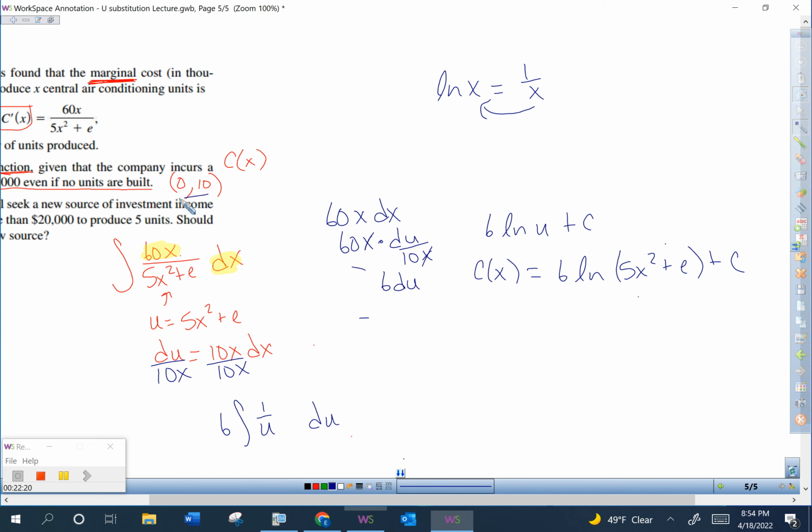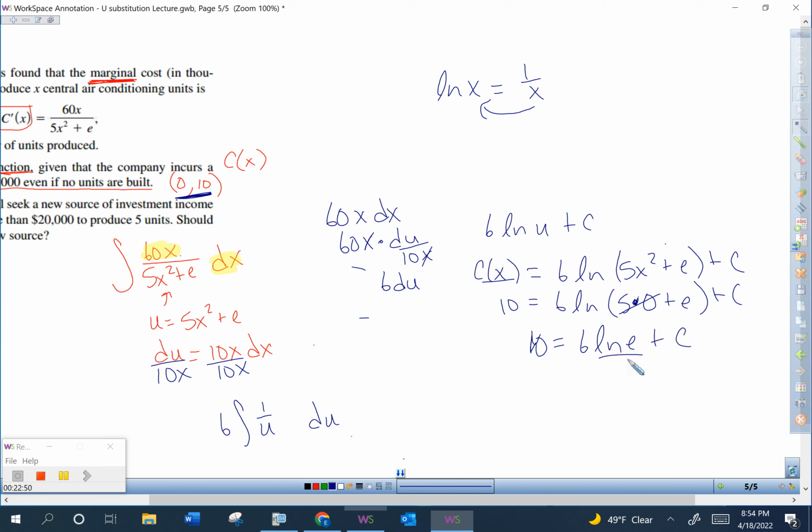And that's where this ordered pair is going to come into play. We've got our x value and our y value that we can sub in. So this is our fancy y value, 10. 6 natural log, 0 is going right here. So 5 times 0 squared is just 0, plus our e, plus our constant. Okay, 5 times 0 is just 0. So this is 10 is 6 natural log e plus c.